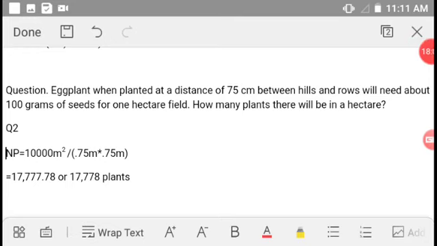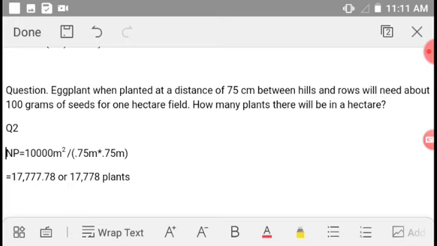So, here again, we go back to the rule of rounding numbers. The rule of rounding numbers states that if the decimal is 1 to 4, the whole number stays as it is. If the decimal is from 5 to 9, mag-add tayo ng 1 sa whole number.